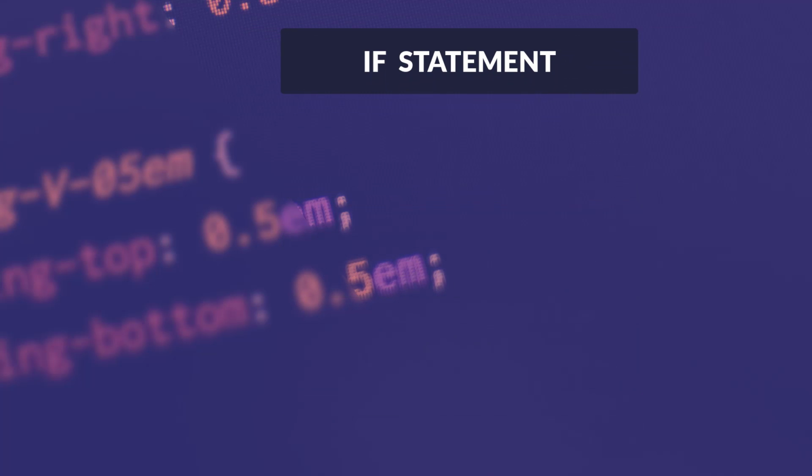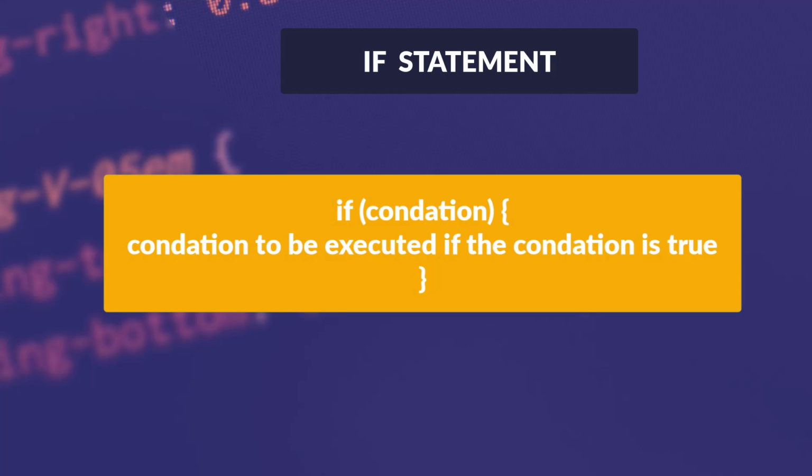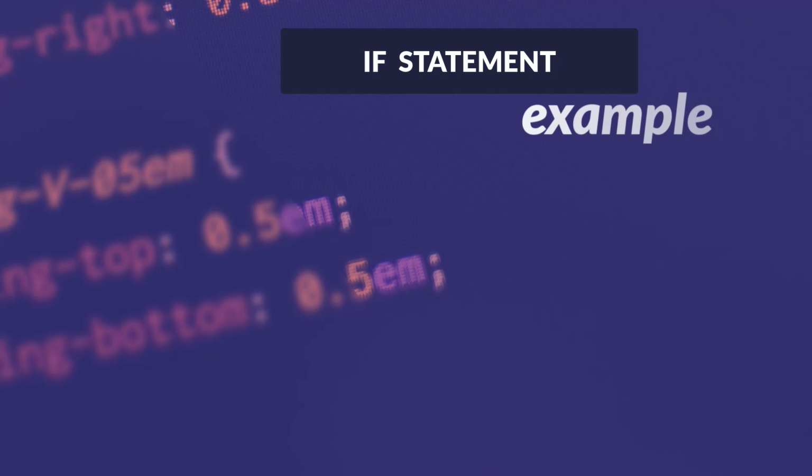So let's start with the if statement. The if statement, as I've mentioned, executes some code if one condition is true. Here is the syntax for the if statement. Let me show you an example that will help you understand it.